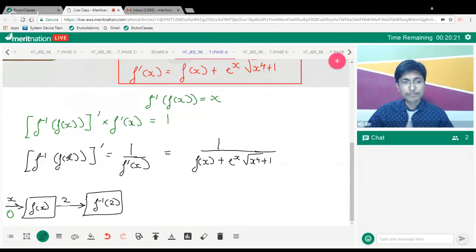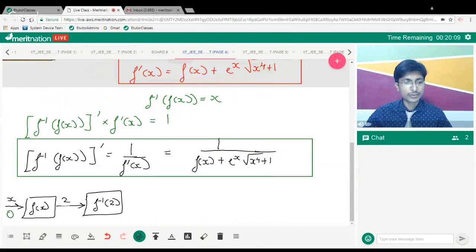Okay, now this is practically solved. If you see f inverse, or if I highlight this particular expression, if I put x as 0, what will it convert to? It will convert to f inverse of f(0) dash is equals to 1 upon f dash of 0, plus x is 0.